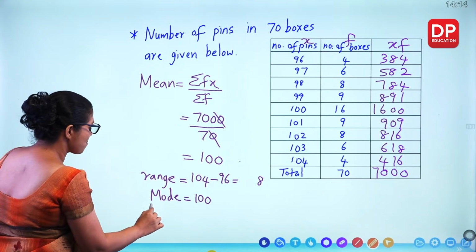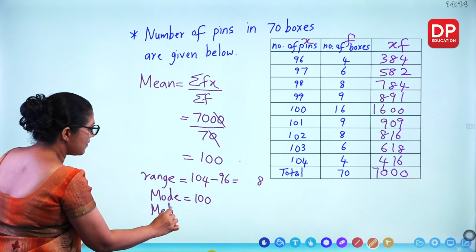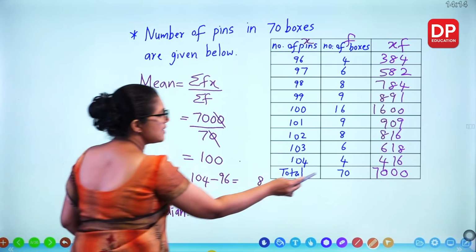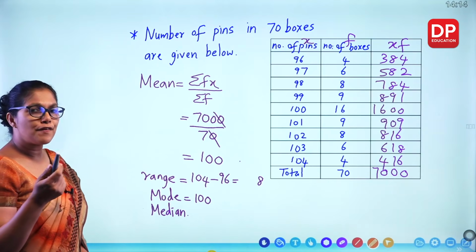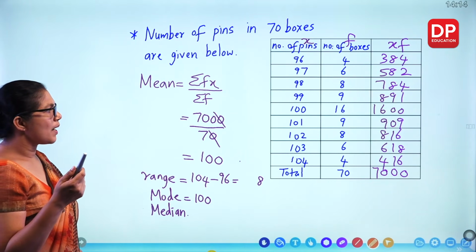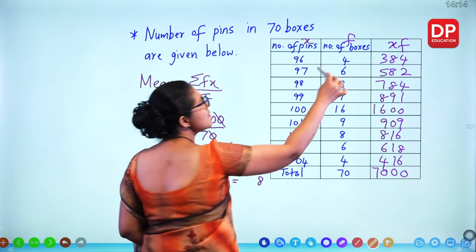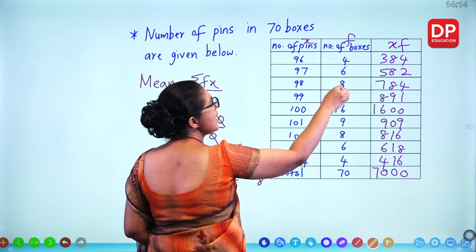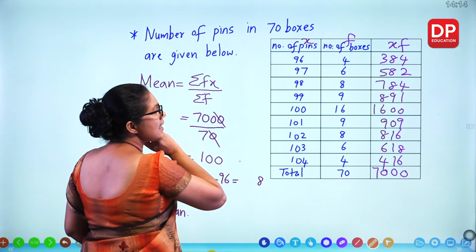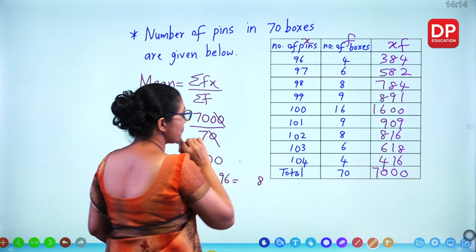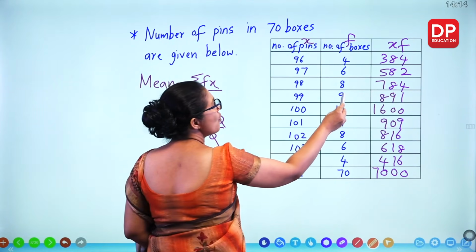Median? Look at the total, 70. Divide by 2, 35. That means the 35th one and 36th one. So roughly when you add these together, 10, 18, 20, 27, so more than 27.